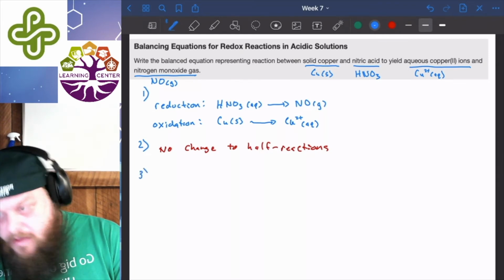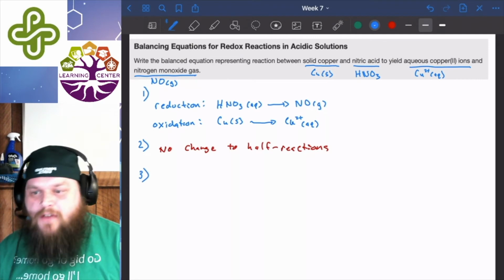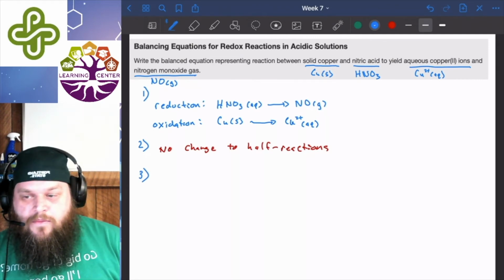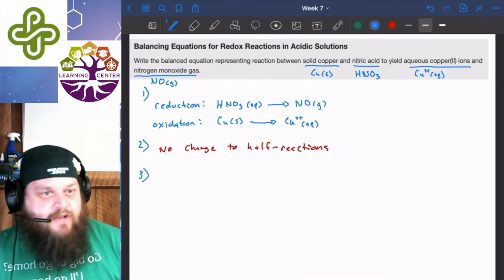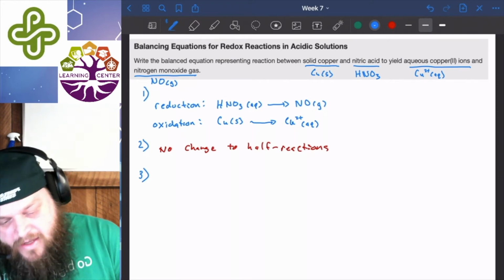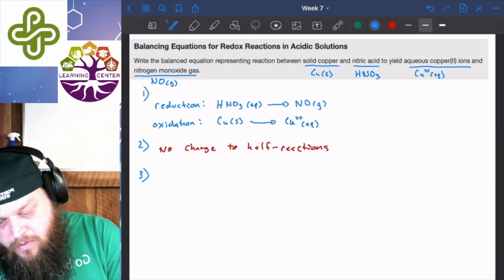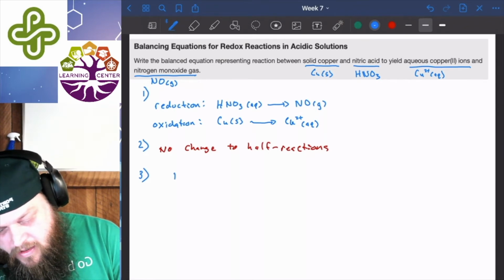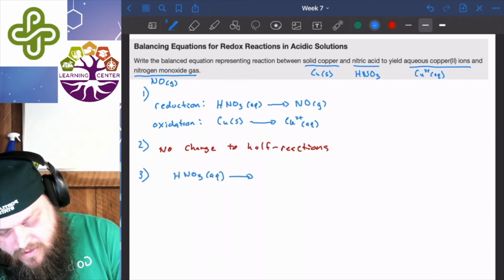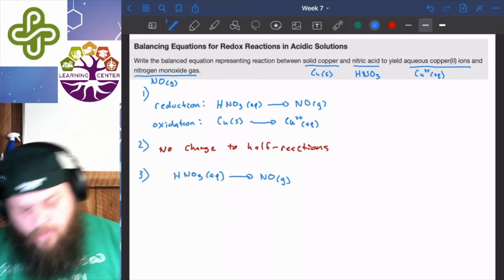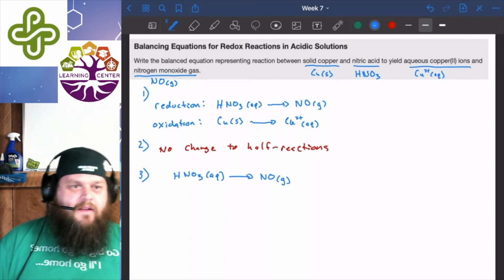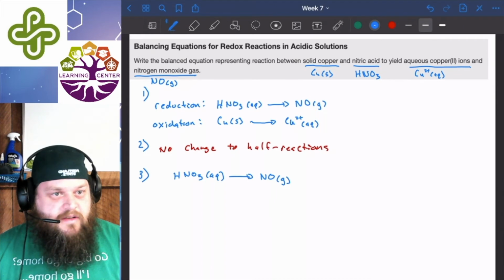Step 3 was balance the half reaction by adding H2O for oxygen. So in this case, we're looking at this top reaction here, and I'll rewrite it. We have HNO3 aqueous produces NO gas. Well, we know that that oxygen's not balanced. We need 2 more oxygens in there.